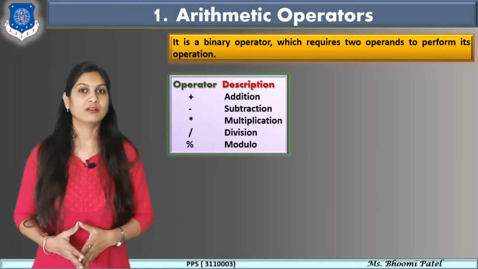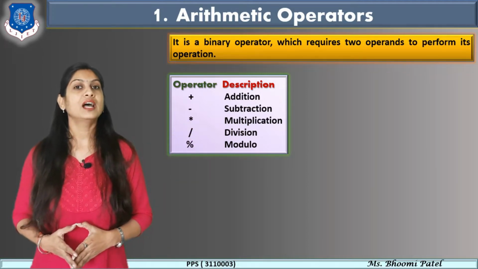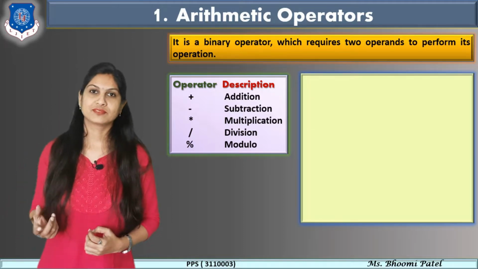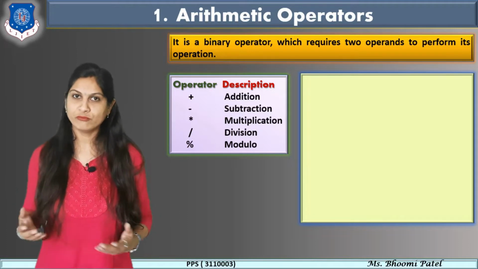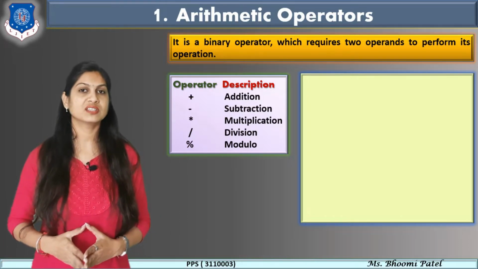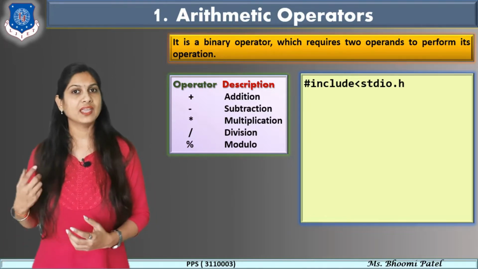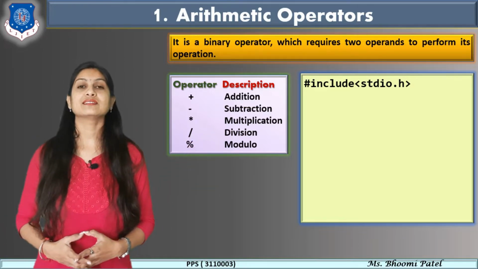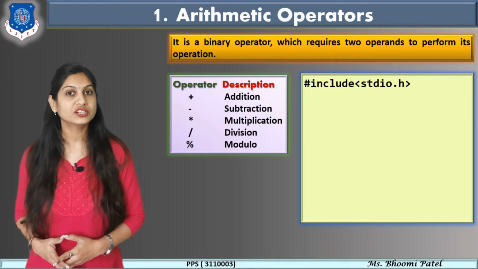Now let us move to an example for addition of 2 numbers. When we are making programs, the first section is documentation, that is optional. Then the link section, that is our header file, include stdio.h.